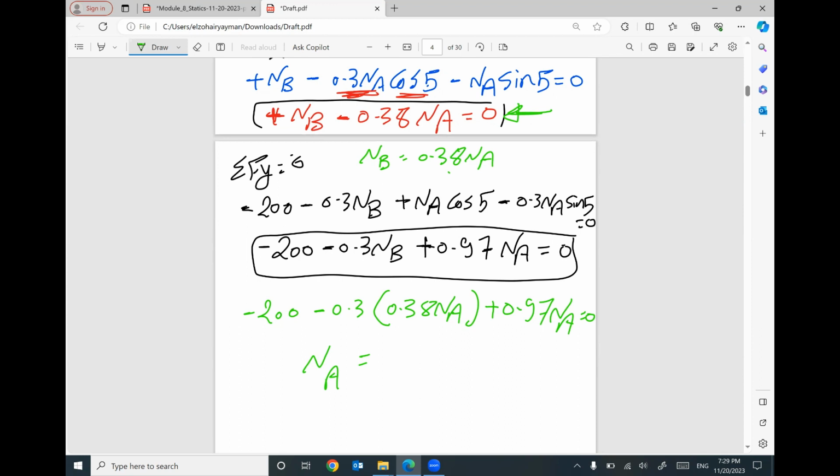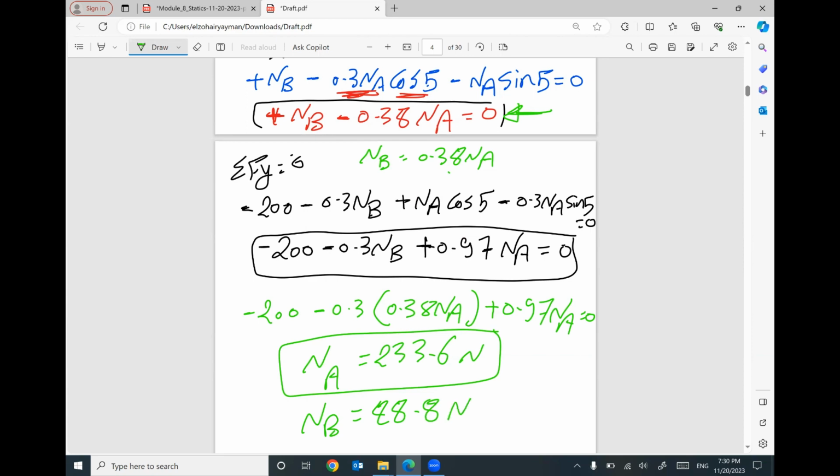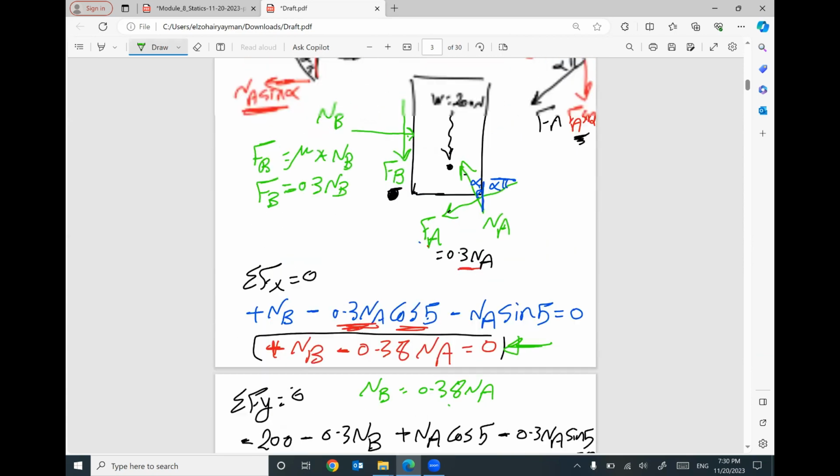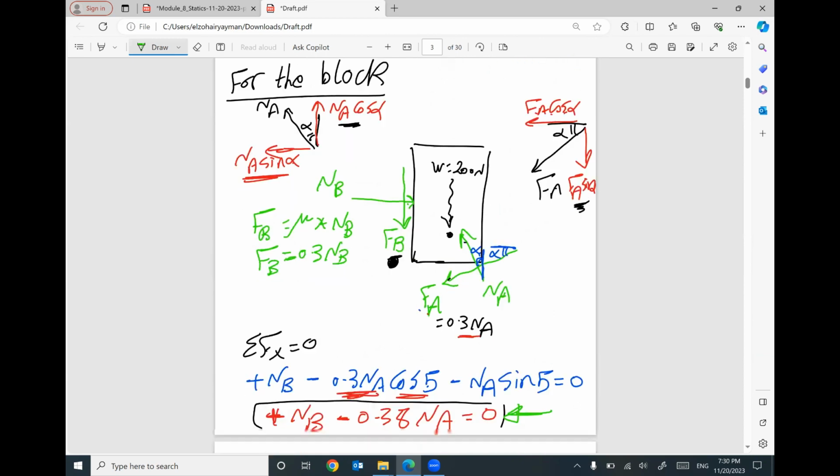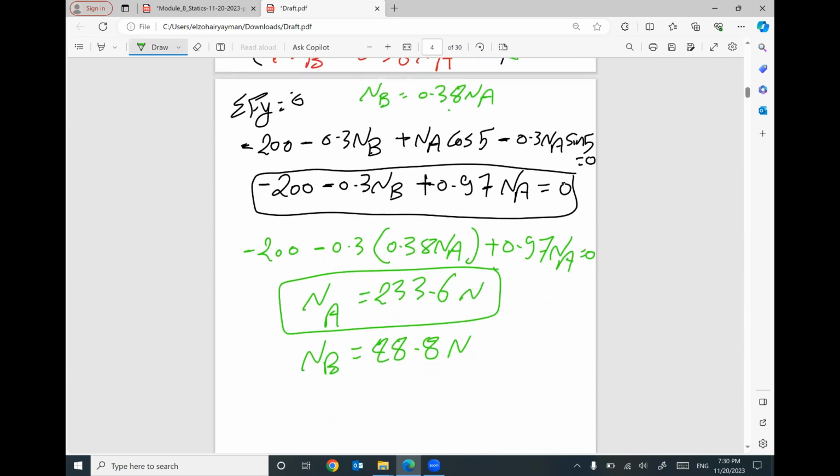The value will be 233.6 Newton. I can go back and find the value of NB. It will be 88.8 Newton.